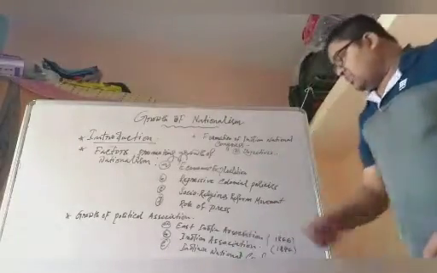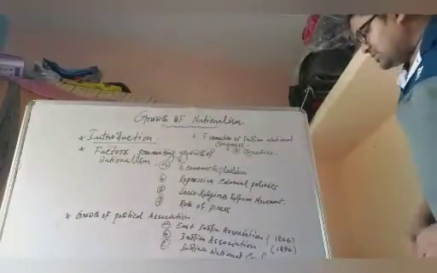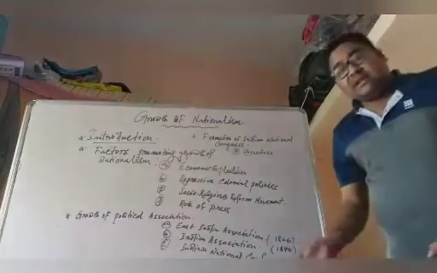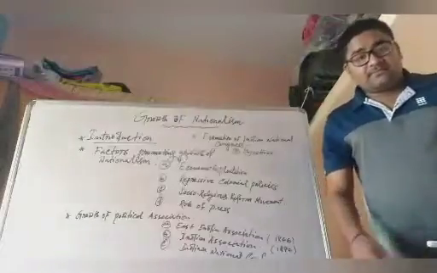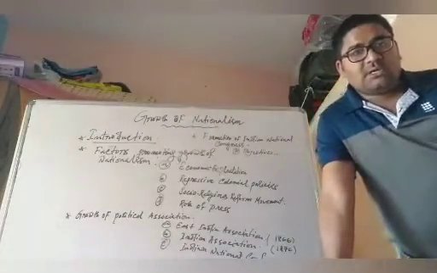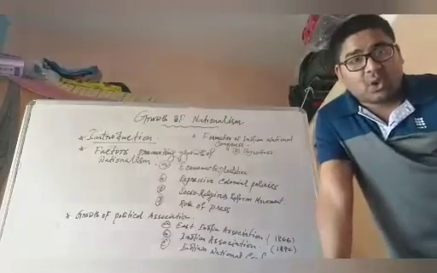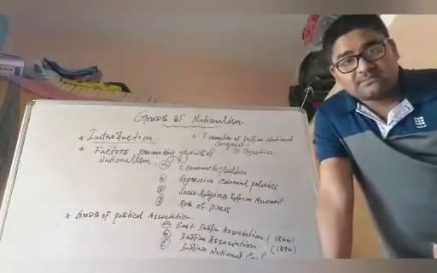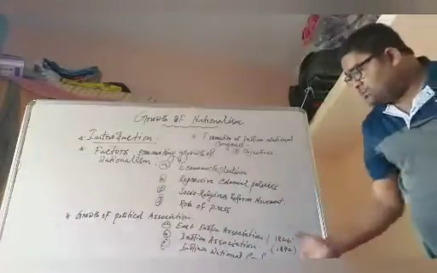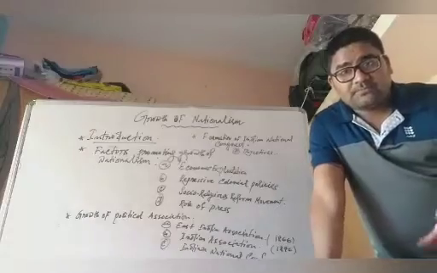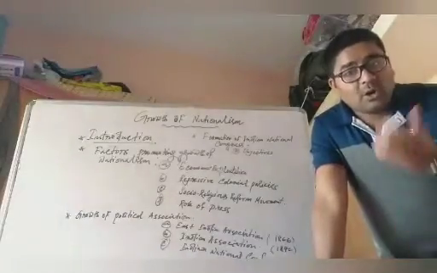Next, number two, the Indian Association. This association was founded by Surendranath Banerjee in 1876 in Kolkata. The association had members who were lawyers, professionals, as well as the educated middle class. The main objectives of this association: number one, creation of a strong body of public opinion.